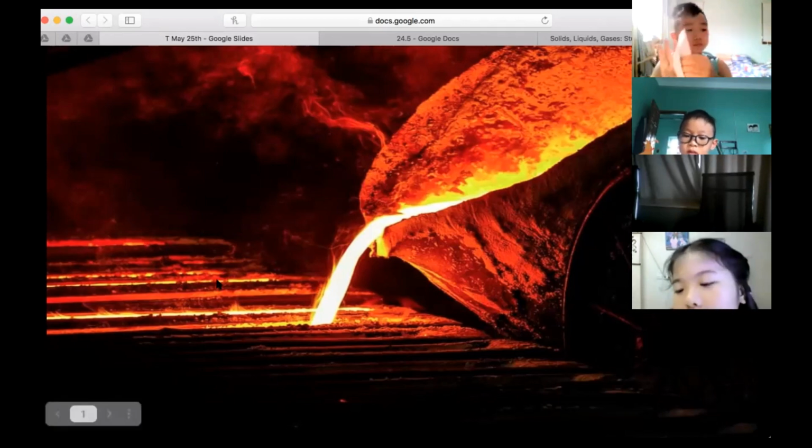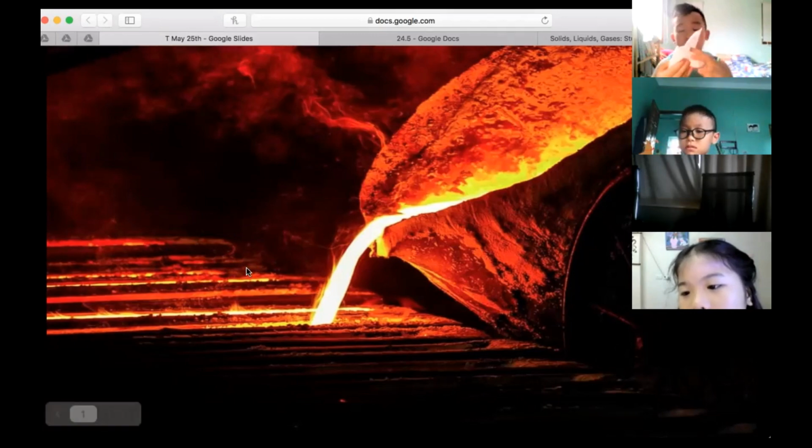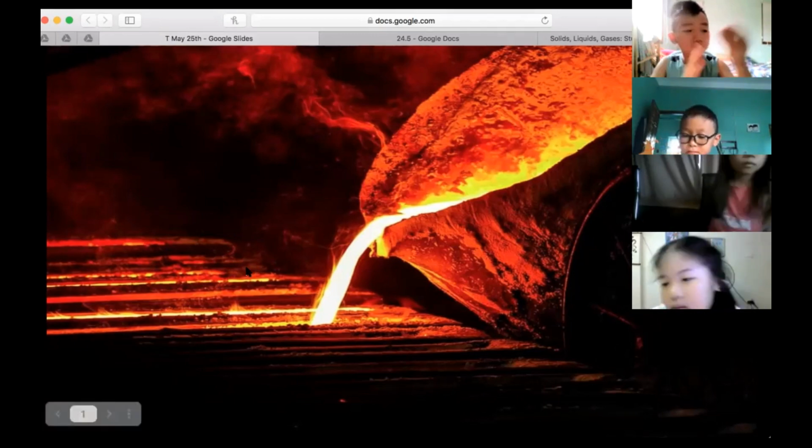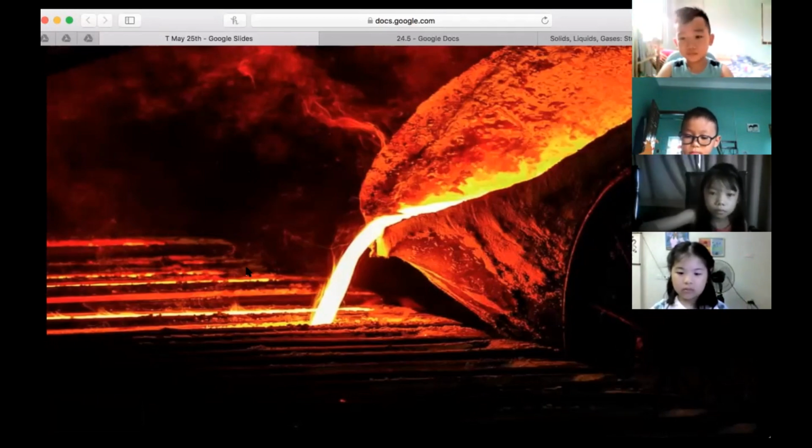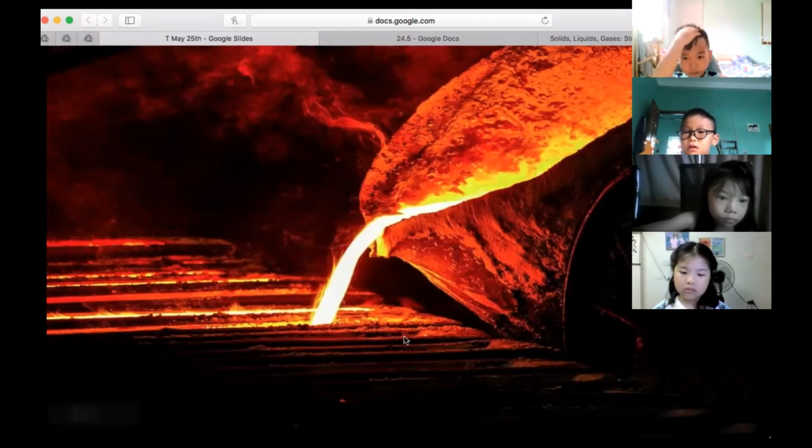We heat it up so it melts. Exactly, we heat it up. All we do is add a lot of heat, a lot more than you need to melt ice, okay? A lot of heat, and we can turn metal into a liquid.